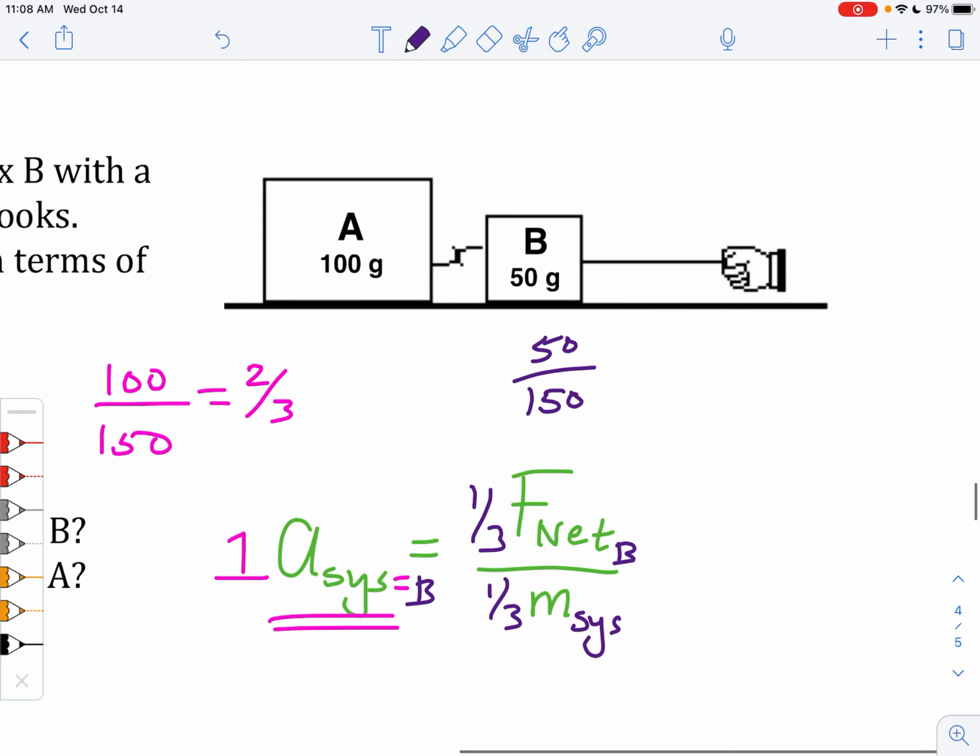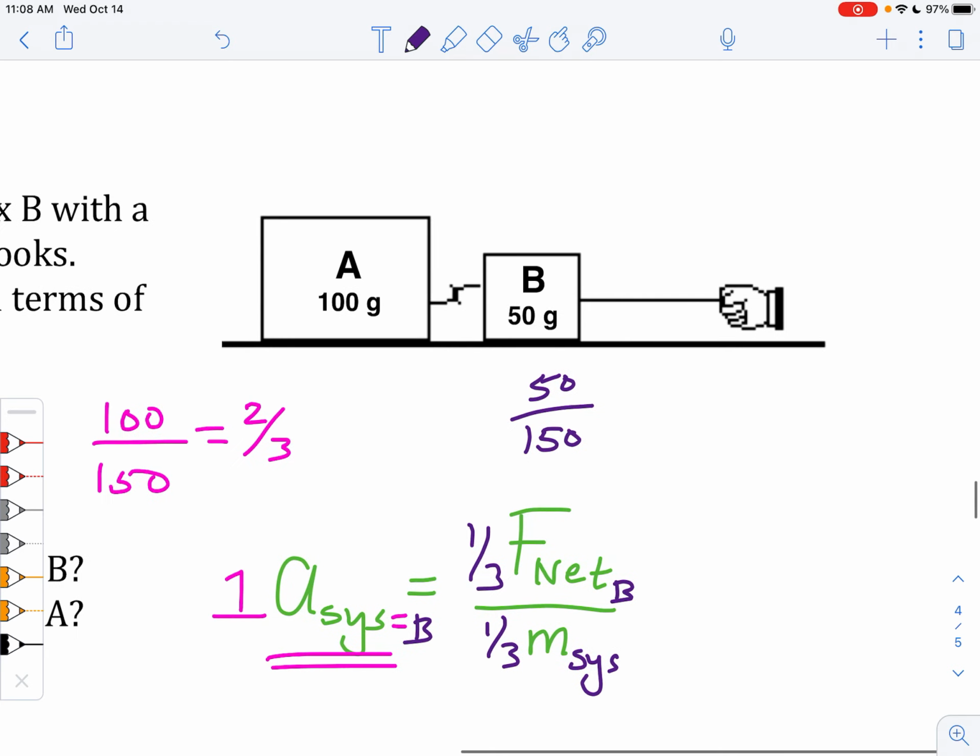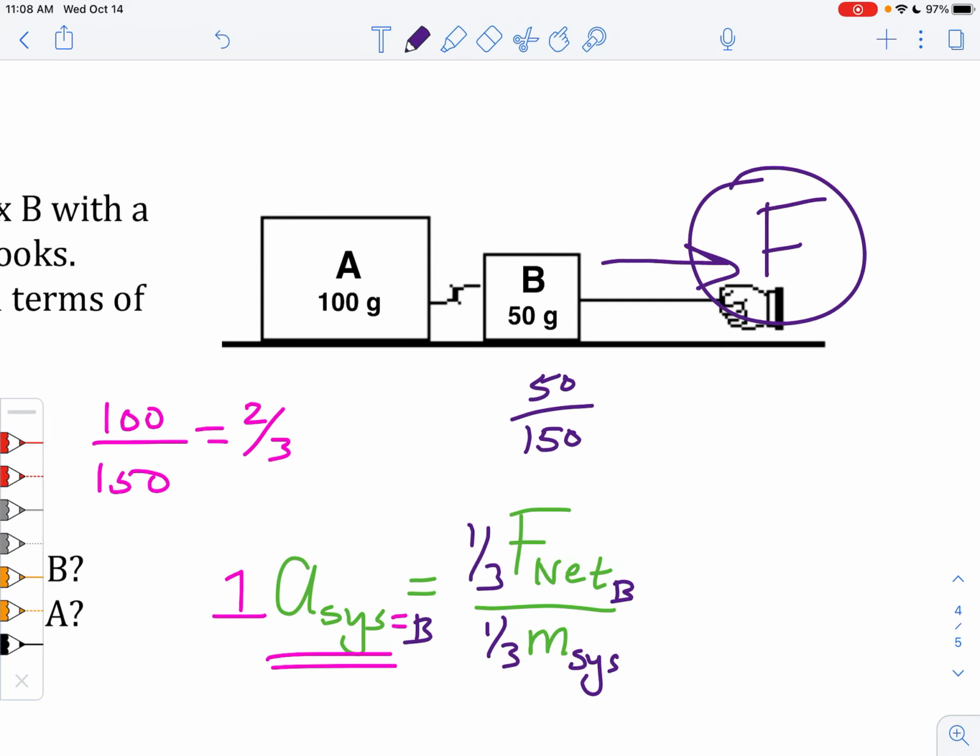Okay. So what we can easily see here, since there's no friction, is that there is some force F pulling the entire system to the right. Now, what we determined just now is that the net force on A is 2/3 of this force.